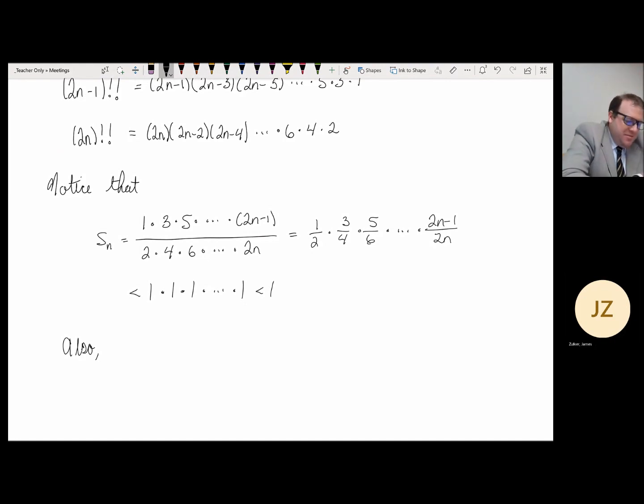By definition, this has to be greater than 0. That's just by definition of double factorial. 0 serves as a lower bound.